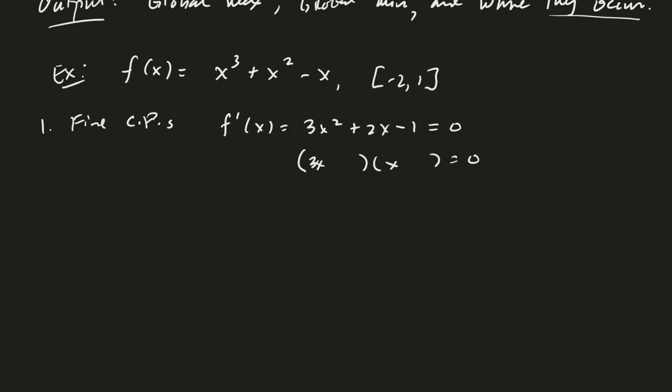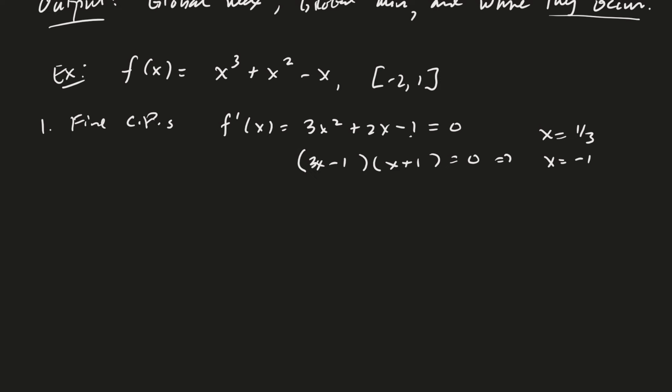To get a minus 1, I'm going to need minus plus. It looks like -1 and +1. A quick double check: plus 3x minus x would give us a 2x. Good. And so therefore x equals 1/3 and x equals -1 are the two critical points.